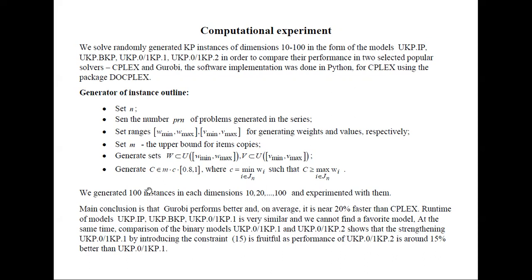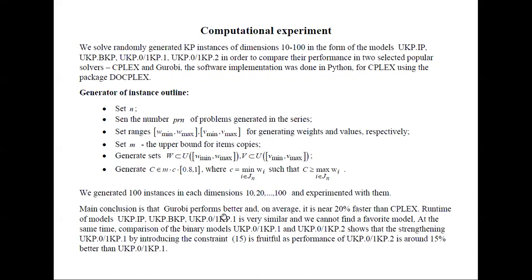Then we ran and compared them, and the main conclusion is that since these models are very similar to each other, on average the first three models behave approximately the same. Sometimes one is better, sometimes another, but on average we cannot find a top model and say that one of them is favored.